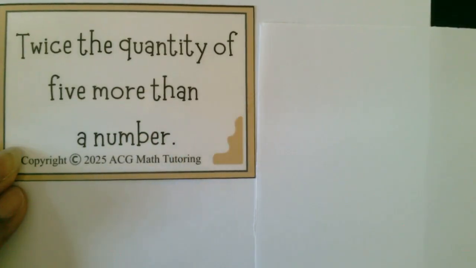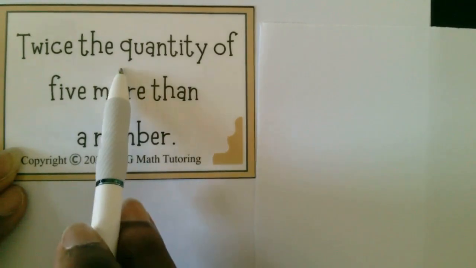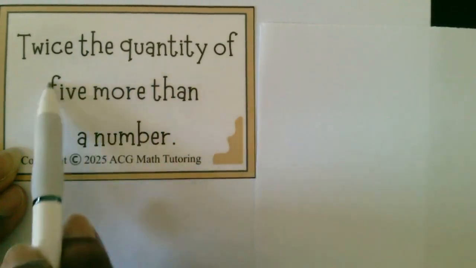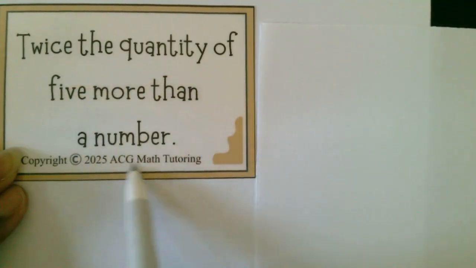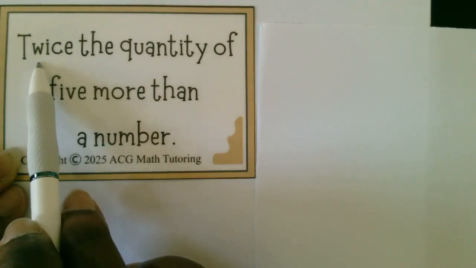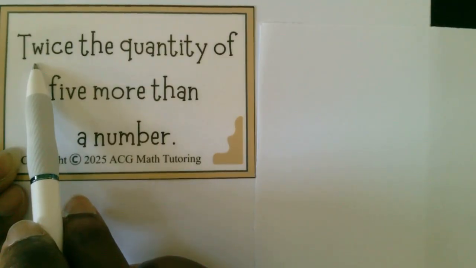Now, when something is more, that means you're adding, okay? You're bringing more to the party. But the quantity of, they're actually saying that this is going to be represented and it's going to be multiplied, because when something happens twice, you're multiplying it by 2.